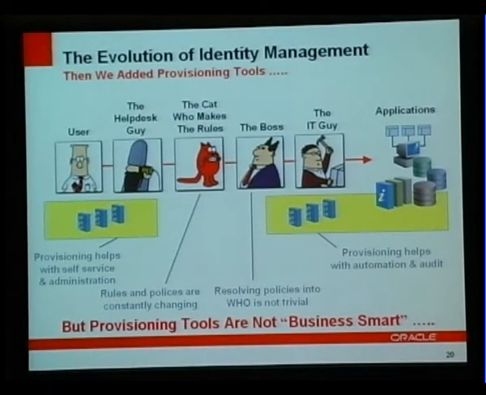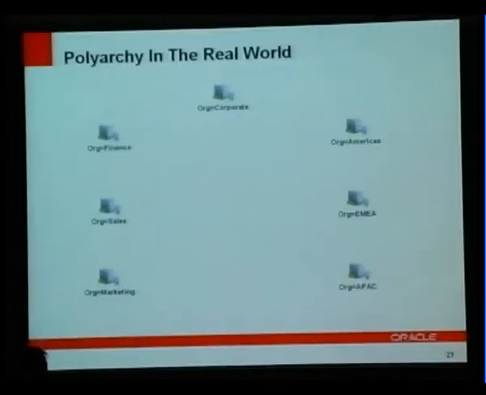They're not business aware. In the real world, there's a polyarchy, where a simple definition of that really is an intersection of hierarchies. Hierarchies really is basically your representation of yourself in your org. Sometimes you go into an enterprise and you click on a particular link, and you can see how you report and how far you're away from your boss, and where you would like to go and so forth.